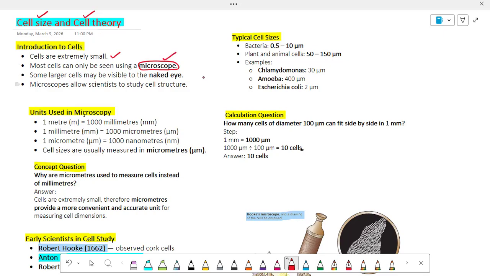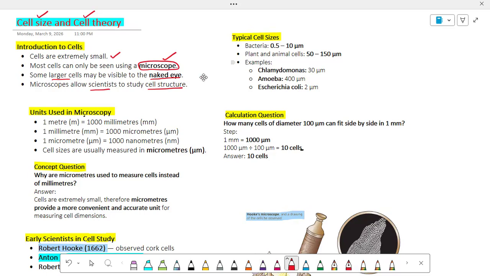Some larger cells can be seen with the naked eye, but many smaller cells, like microscopic, even microorganism cells, you can't see with the naked eye. Even multicellular organisms made up of cells, we cannot observe them with the naked eye. So microscopes allow scientists to study cells and their structures.